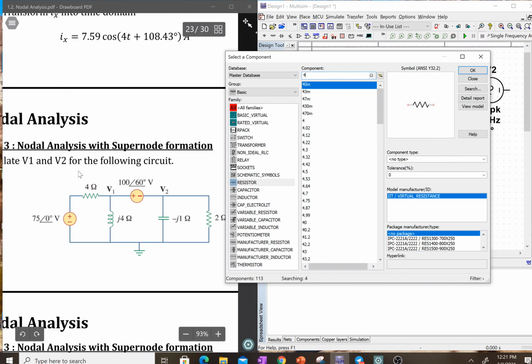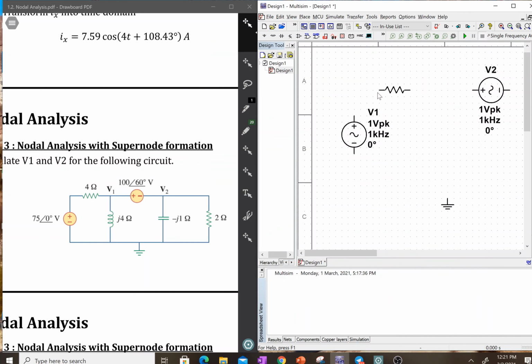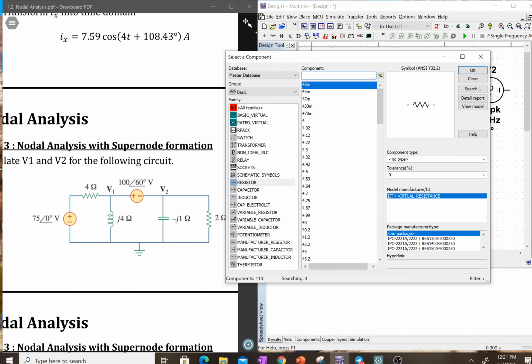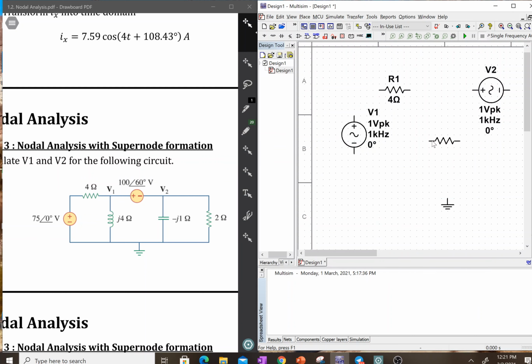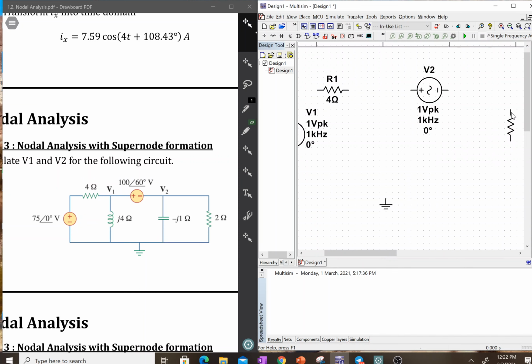So for this one we need a 4 ohm resistor, and the other one is a 2 ohm resistor. So just place it here, and then the other one is 2. Okay, so this one I want to rotate it and place it here.